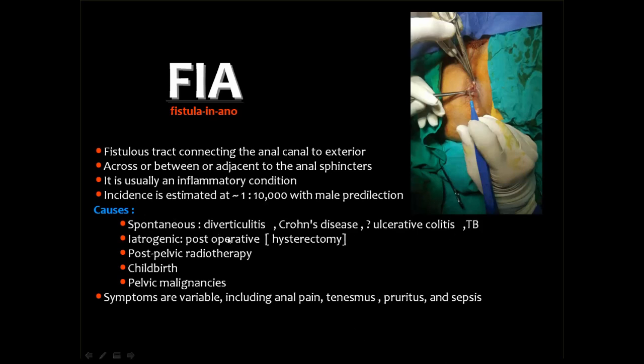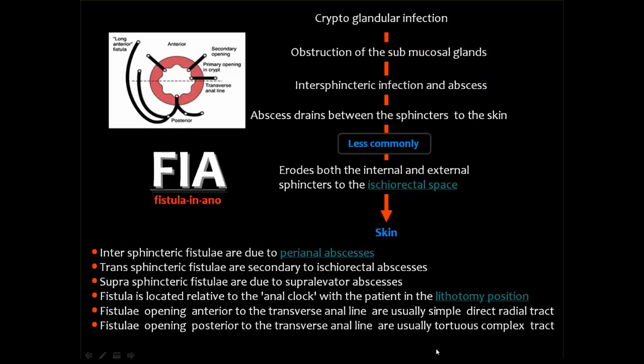The causes may be spontaneous in cases of diverticulitis, Crohn's disease, ulcerative colitis, and TB; or iatrogenic, like post-operative, post-pelvic irradiation, childbirth, and pelvic malignancies. The symptoms are variable and include pain, tenesmus, pruritus, and sepsis.